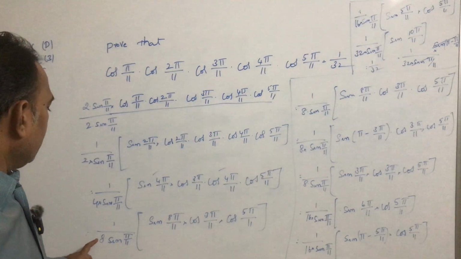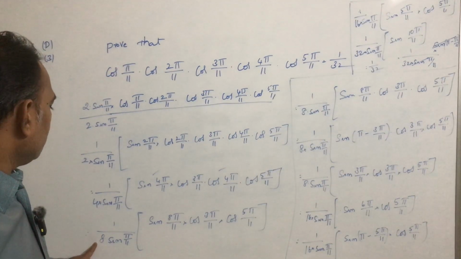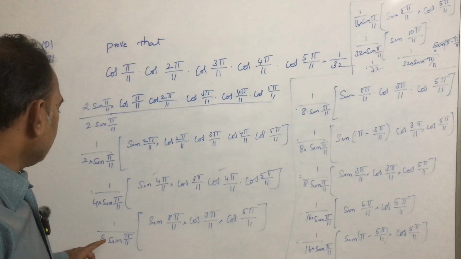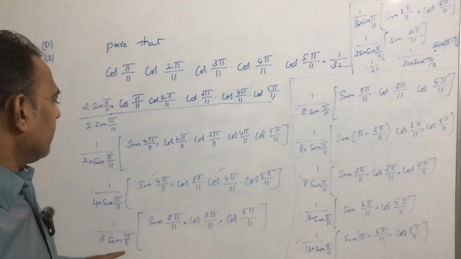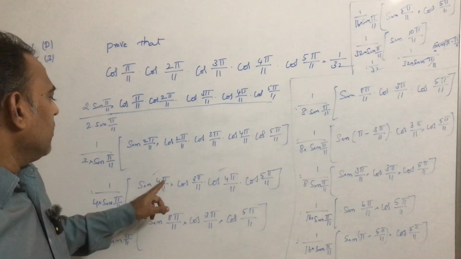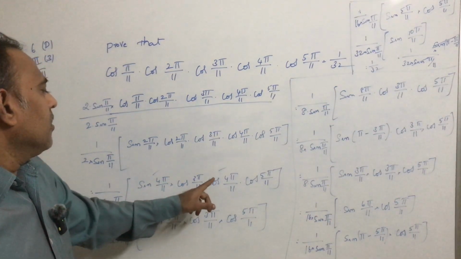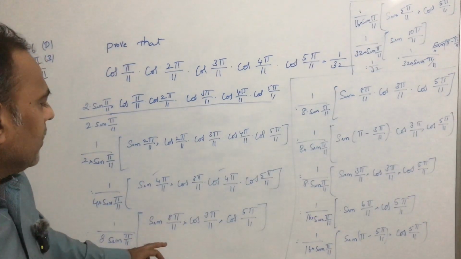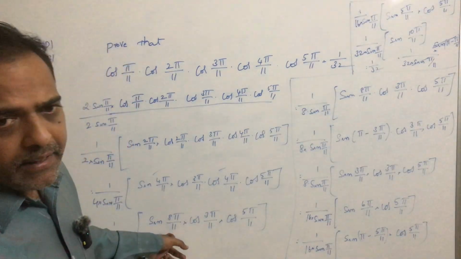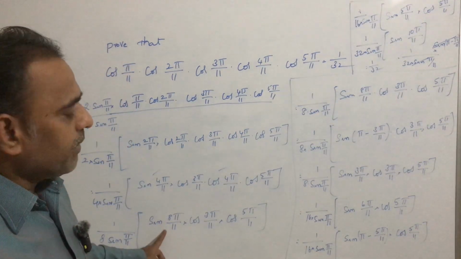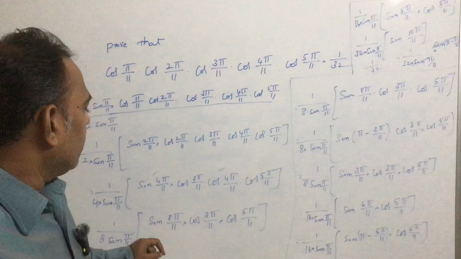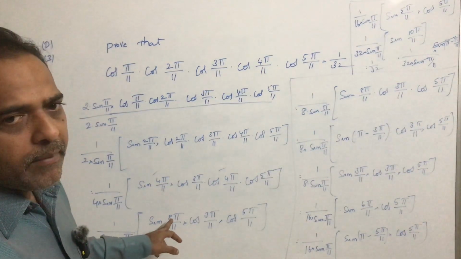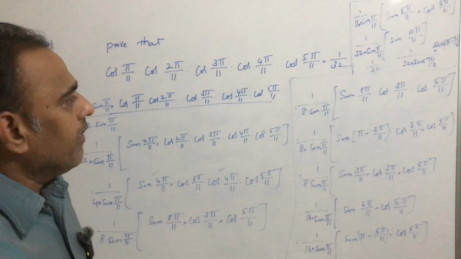If we multiply the denominator with 2, 4 sin pi by 11 becomes 8 sin pi by 11, and sin 4 pi by 11 into cos 4 pi by 11 becomes sin 8 pi by 11. Does anyone have doubts till this point? No, right? Okay, now sin 8 pi by 11 can be written as sin of pi minus 3 pi by 11.